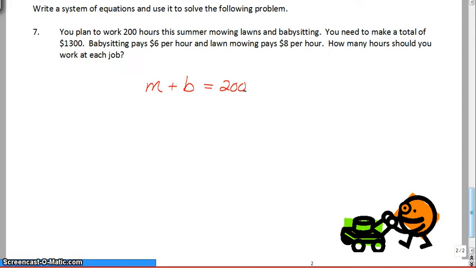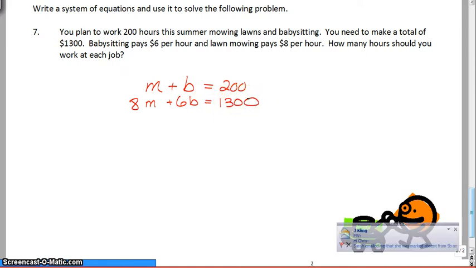And then you can do a money equation. So you get $8 mowing lawns plus $6 babysitting is equal to the total of $1,300, what you're trying to save. And now you have 2 equations that are directly related to this problem. Now all you have to do is solve the system.